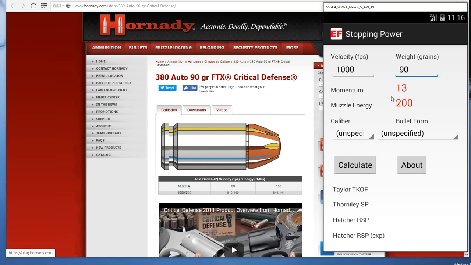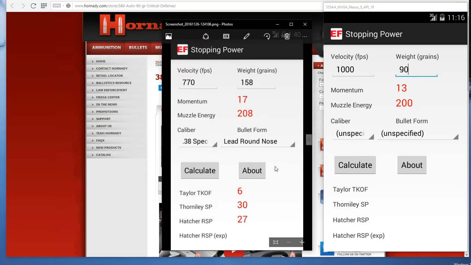So we have a momentum of 13 foot-pounds per second and a muzzle energy of 200. Comparing that with our previous values, we see there's almost a 25% drop in momentum due to the much lighter bullet, 90 as opposed to 158, but a smaller drop in muzzle energy since our velocity is considerably higher, 1,000 as opposed to 770.